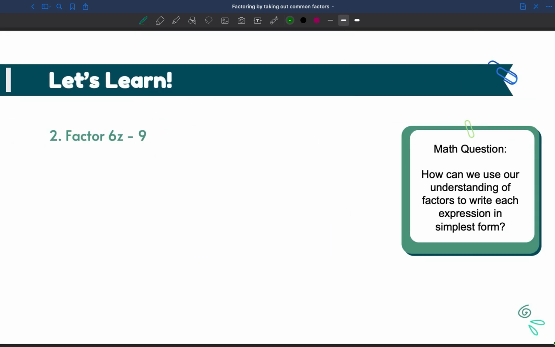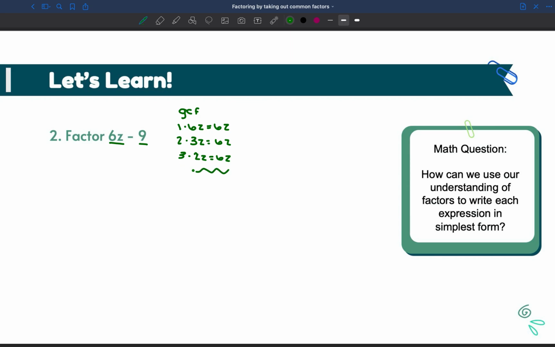Looking at number 2, it says factor 6z minus 9. So remember, in order to factor, we have to find the GCF of our coefficients. So we have 6z and 9. So we are going to do 1 times 6z equals 6z. We have 2 times 3z equals 6z, and 3 times 2z equals 6z.